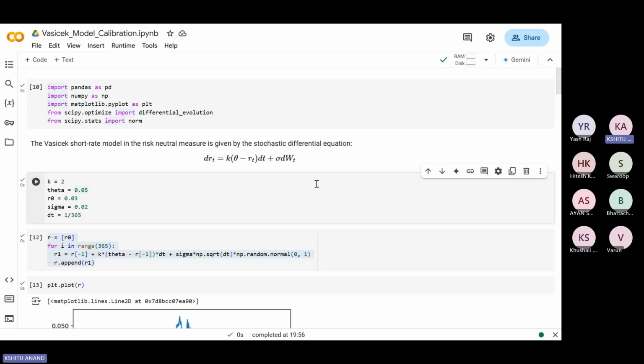Please remember that using historical data of the short rates is quite different from using historical zero coupon bond data. In the risk neutral measure, when you use zero coupon bond data, let us say at this moment there are 50 zero coupon bonds of different maturities.